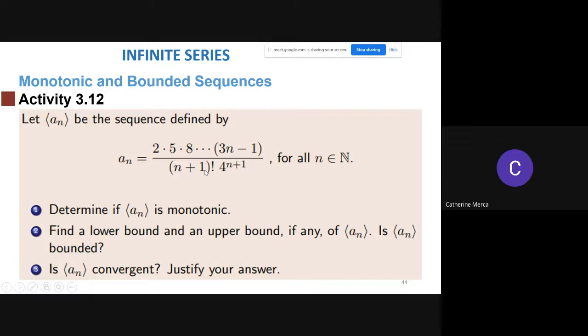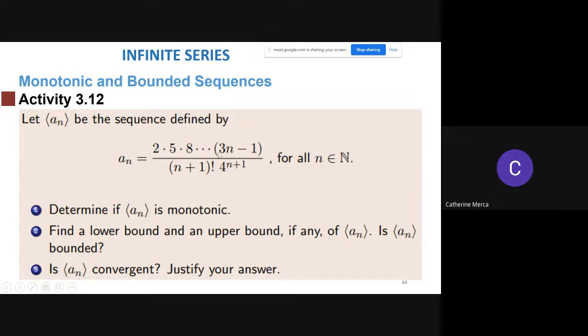So it is easy to see. Your first term is 2 over 1 plus 1 factorial, which is 2 factorial, 4 to the n plus 1. Your second term will be 2 times 5 over 2 plus 1 factorial. Your third term will be 2 times 5 times 8 over 3 plus 1 factorial, 4 to the 3 plus 1.